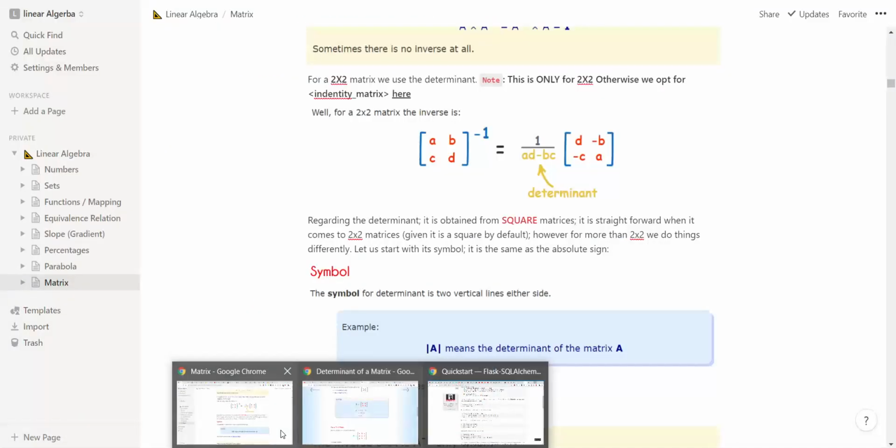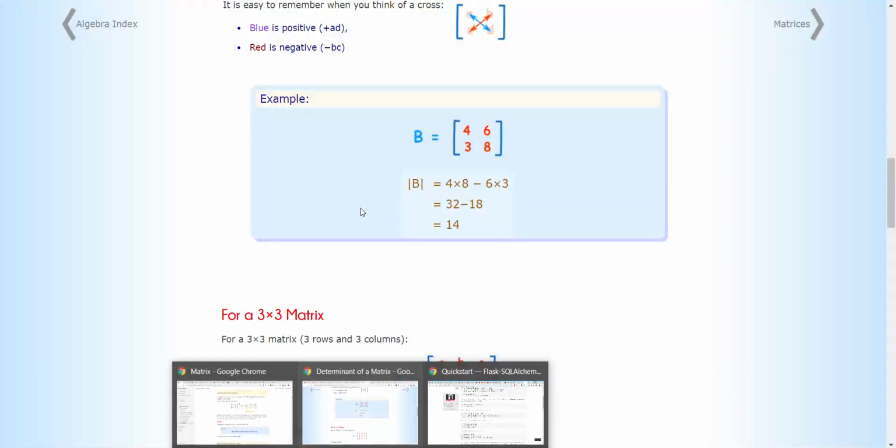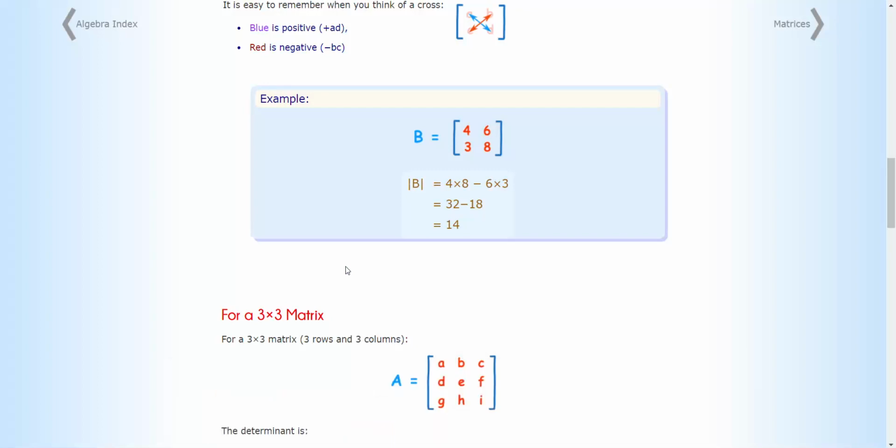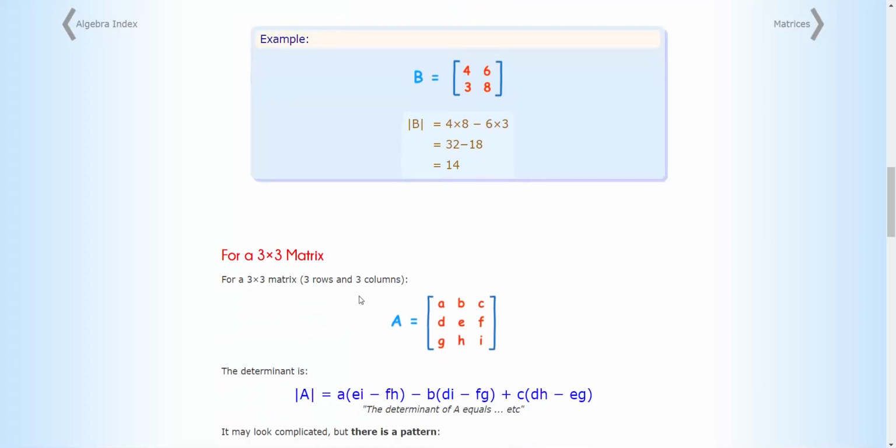Do we have how to calculate it? Yeah, it's already there. For a 3 by 3 matrix, things are a bit... So 3 by 3 is still square.